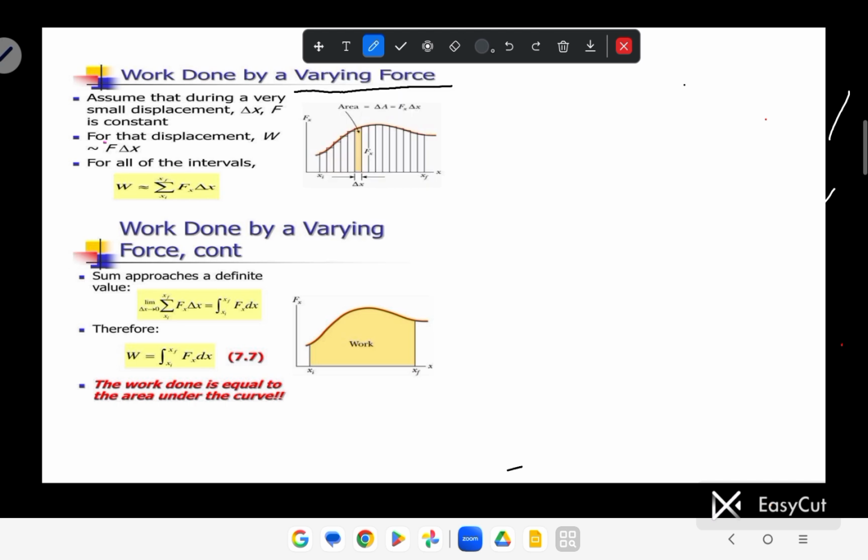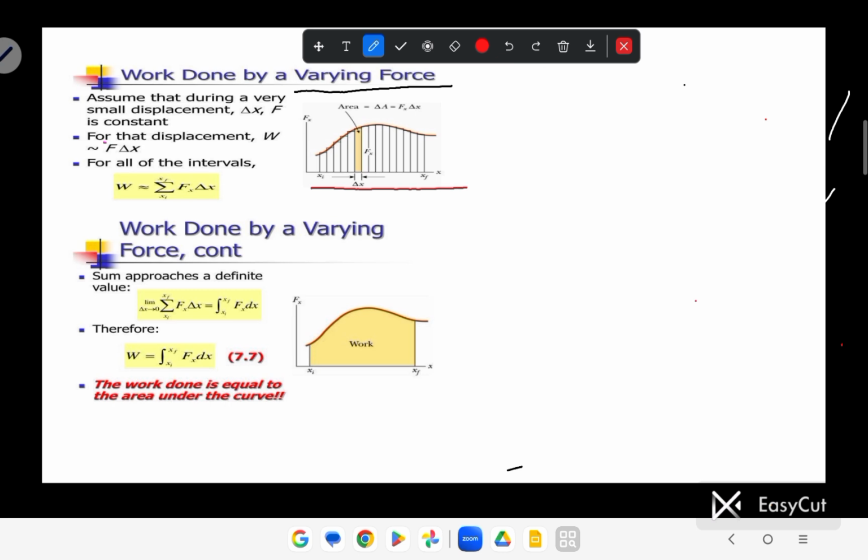When a variable force acts on a body, the force changes in magnitude or direction during the motion, and the work done by a variable force can be found graphically, using the force displacement graph.